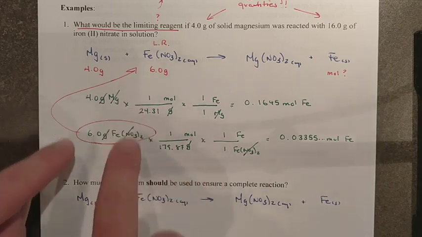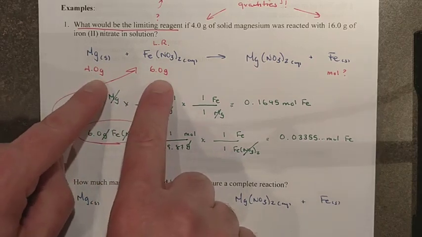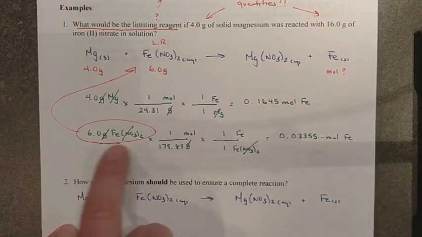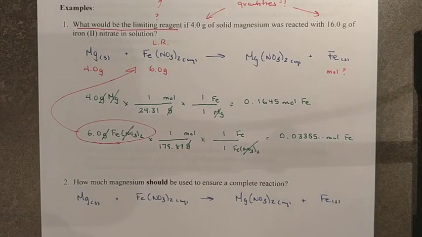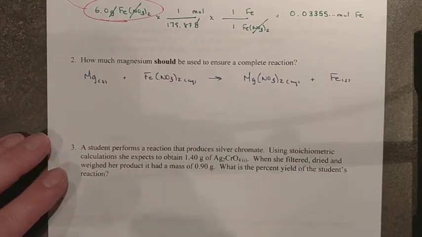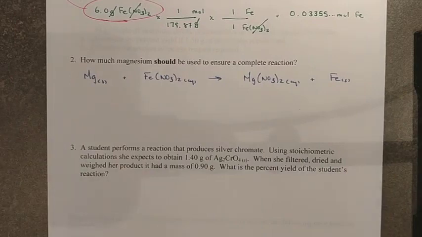Okay, so we test 2 starting quantities against 1 finishing quantity to determine a limiting reagent. Another question I can ask from here is, how much magnesium should be used to ensure a complete reaction?